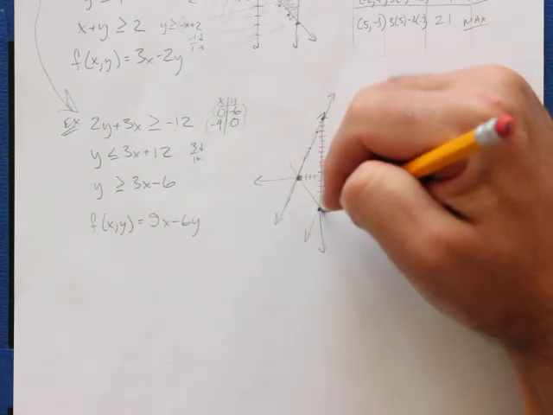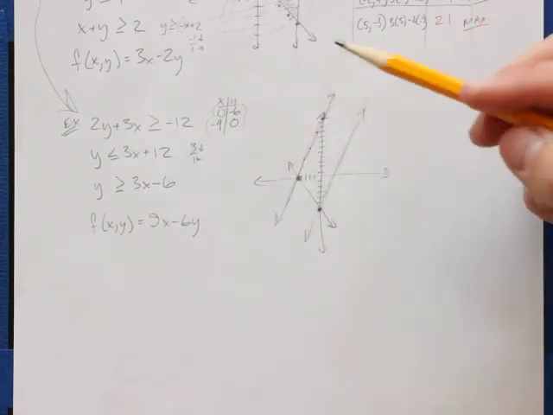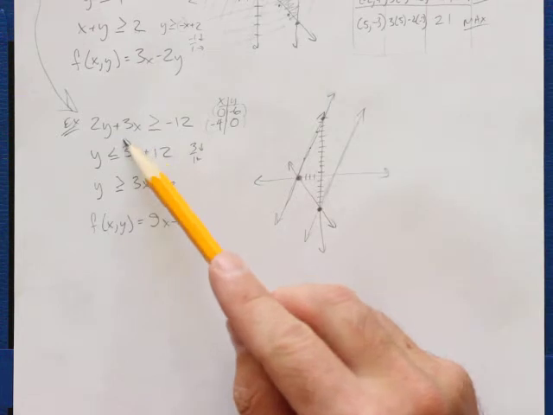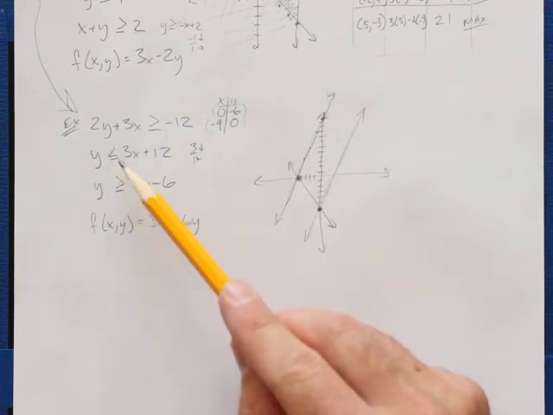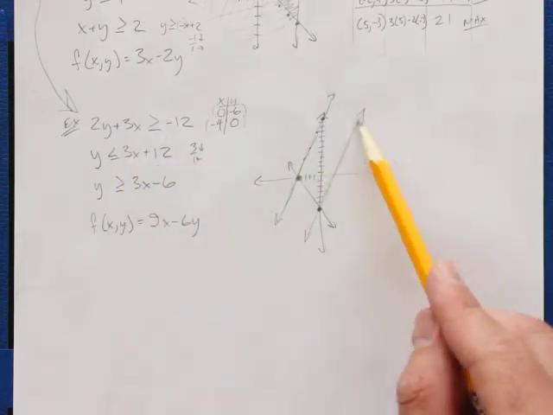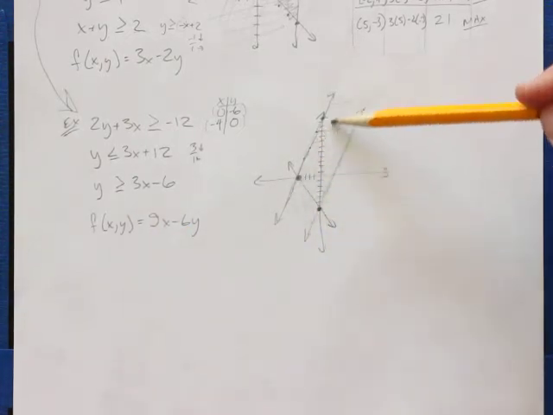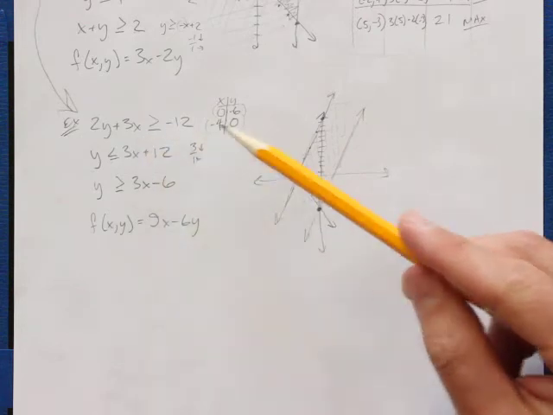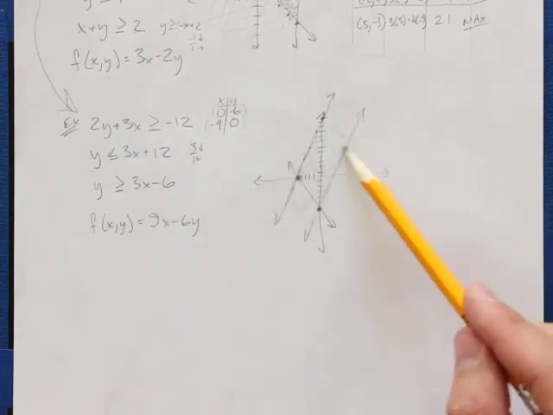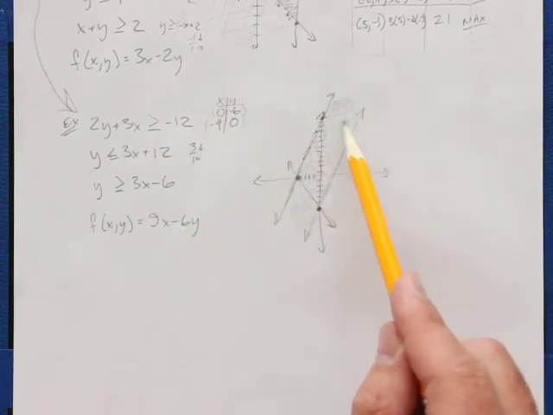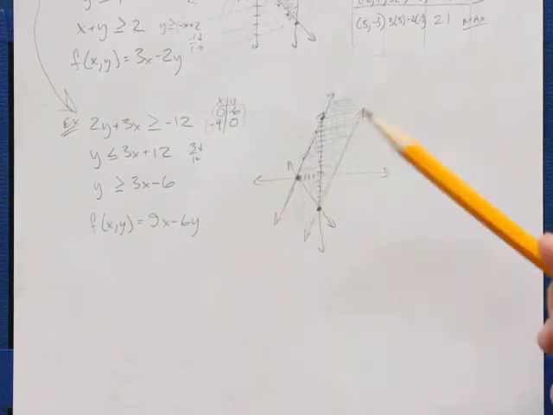And then I have my line that goes like this. And then my region: y is less than this one, y is greater than this one, and y is greater than this one. So here I have my unbounded feasible region.